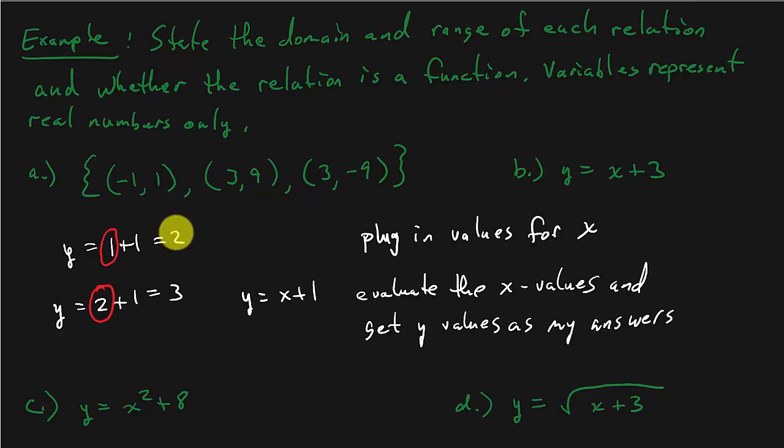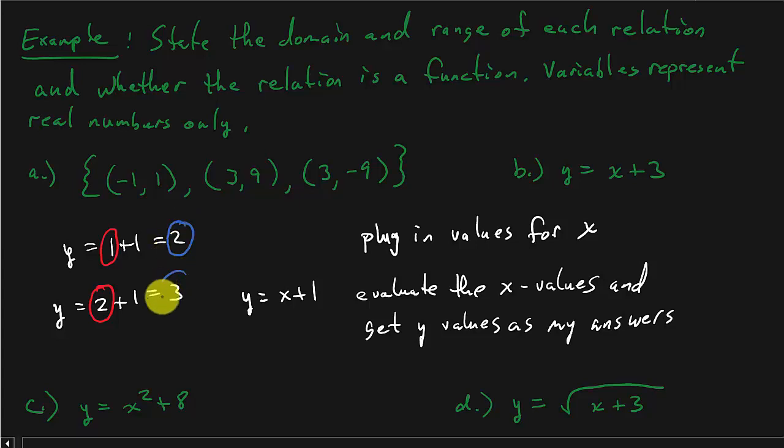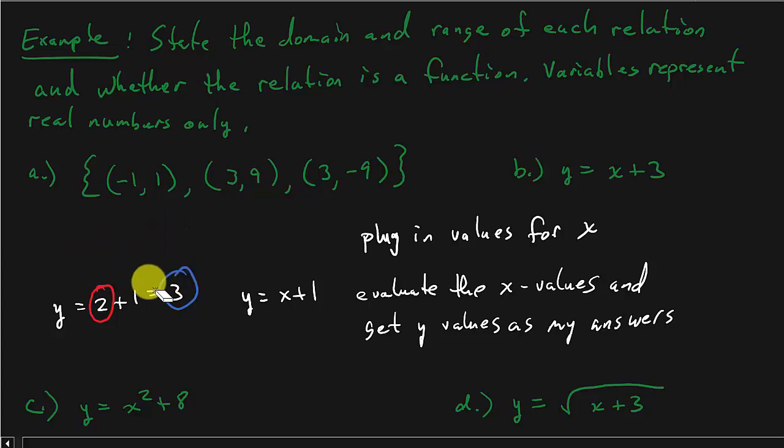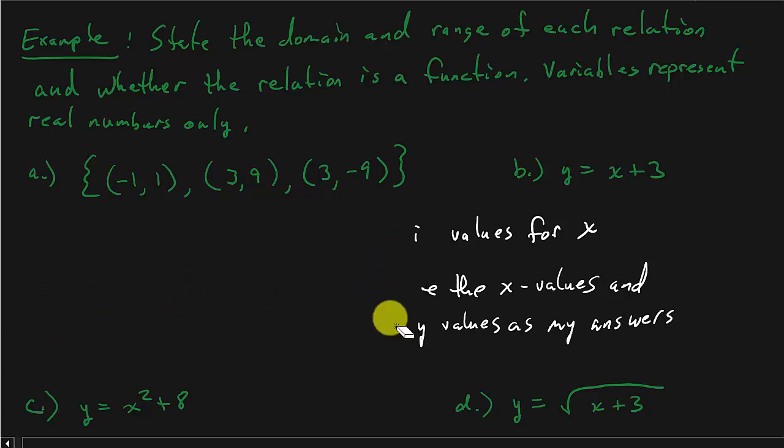And these numbers here are the numbers that the function spits out after I evaluate it. These numbers are members of the range. So the domain is the numbers you plug in for x. The range is the answers you get out for y. The domain is the x values, and the range is your y values.